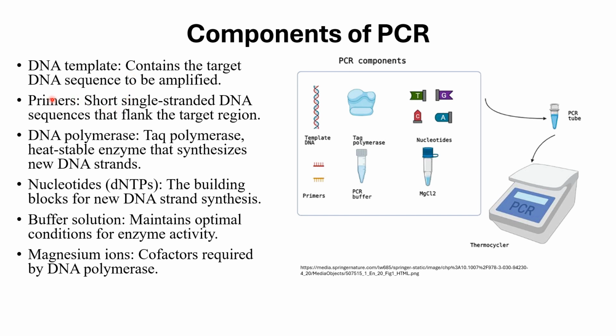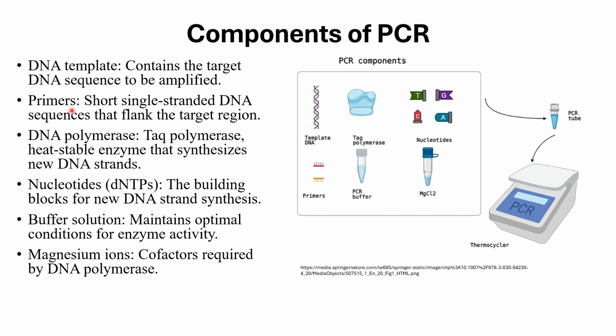The other thing is primers. We do know polymerase enzymes do not start synthesizing DNA, they only add nucleotides to an existing DNA sequence. So that's when we require primers. And these primers usually are very specific for the gene of interest we want to amplify.